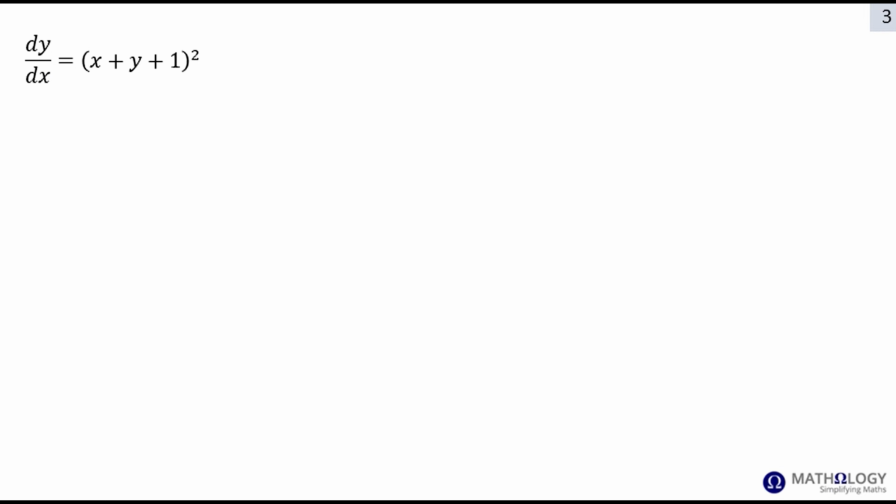This differential equation is slightly different because we have a slightly more complex term in x plus y plus 1 all squared. So the substitution won't be the same as it was before. In this case, we're going to let u be the contents of that bracket, which is x plus y plus 1.